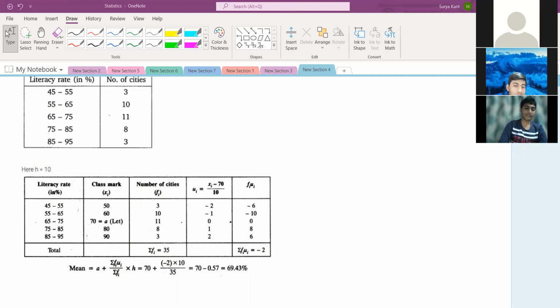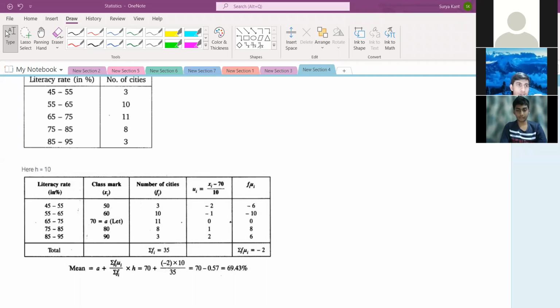Do the same thing but have a plus. Median, you have not read till now, right? This question you find and tell me.